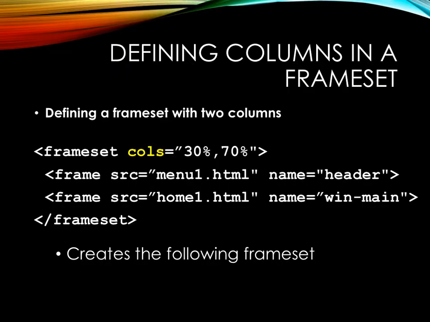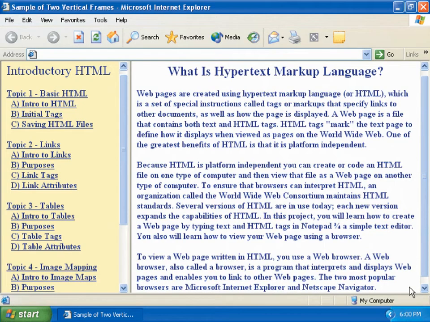Then if you look at this page, you should already be predicting that this columns attribute is going to split up that window into 2 columns. And here we can confirm that. Here we have 30% and 70% of the width of that window. And that matches the column expectations that we had on the previous slide.